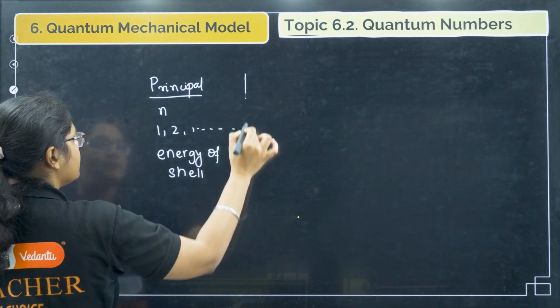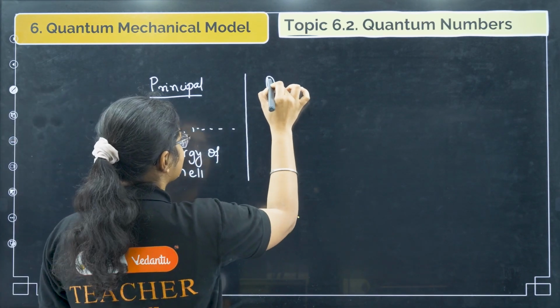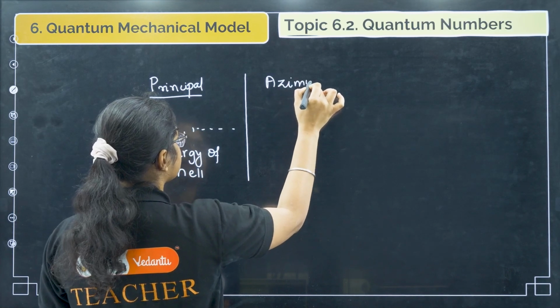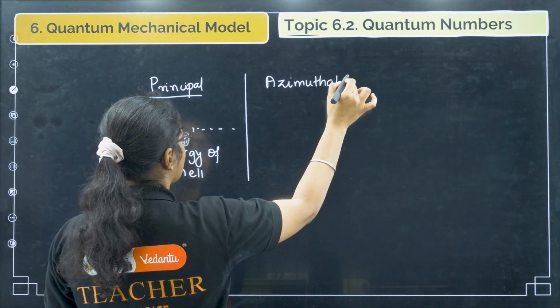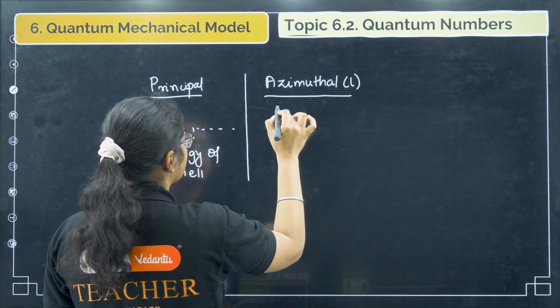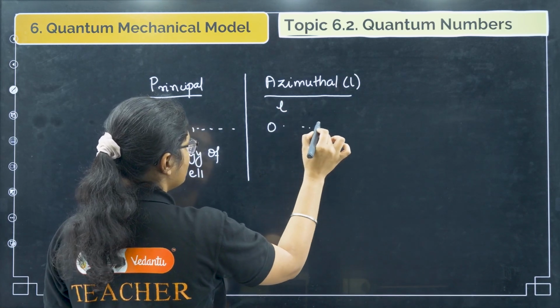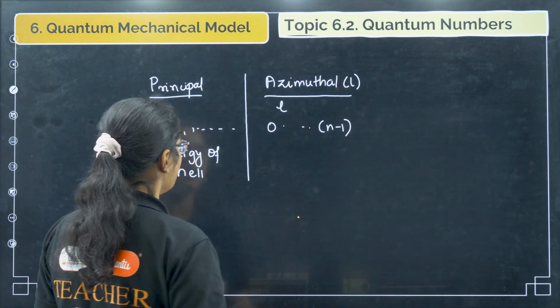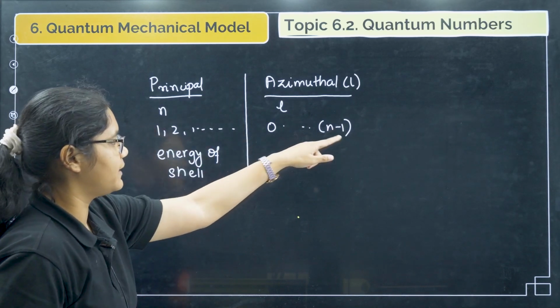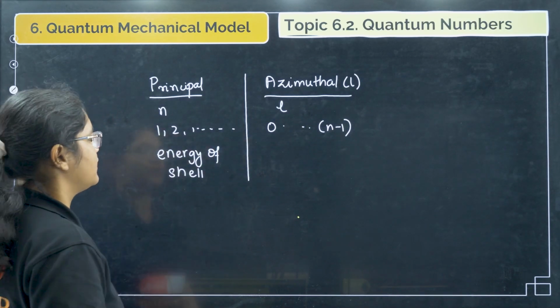After the principal quantum number, we have the azimuthal quantum number, denoted by the letter l. The azimuthal quantum number varies from 0 to n minus 1. Whatever the n value is, up to n minus 1 I will have the azimuthal quantum number.